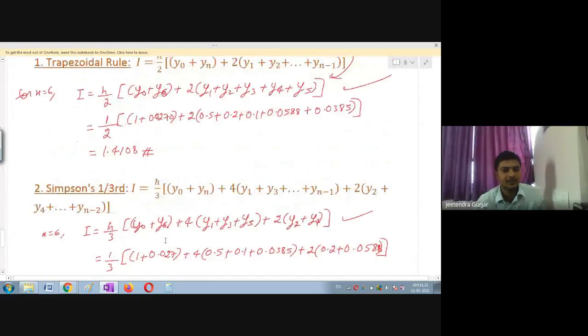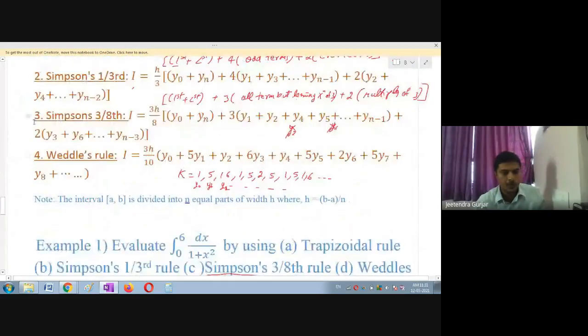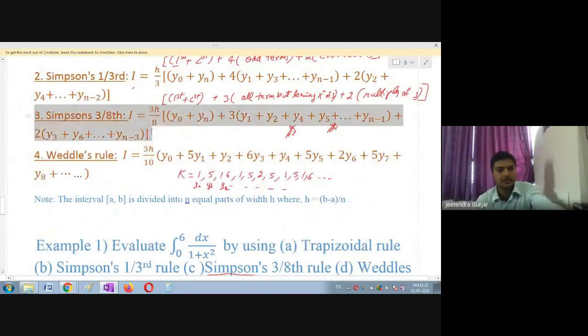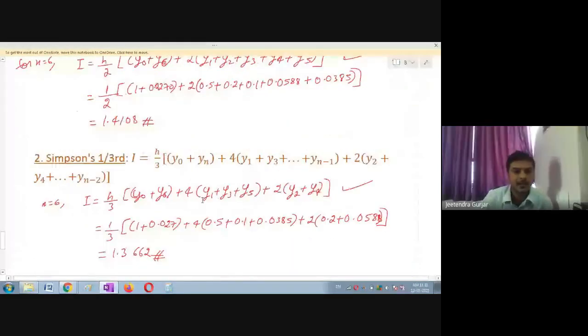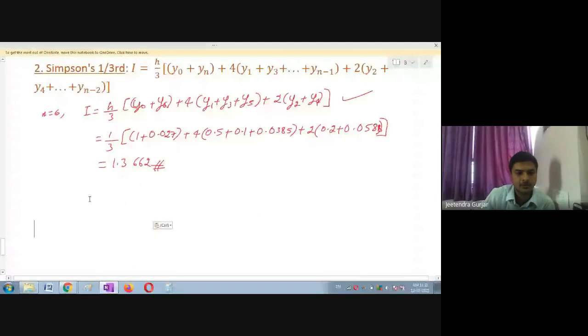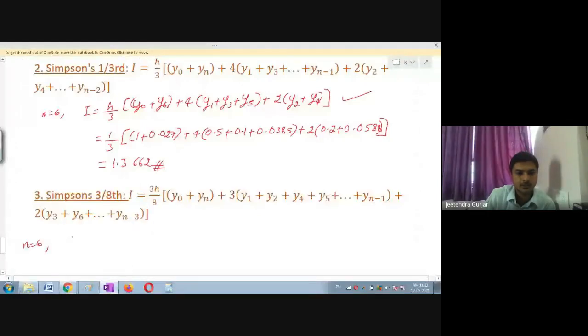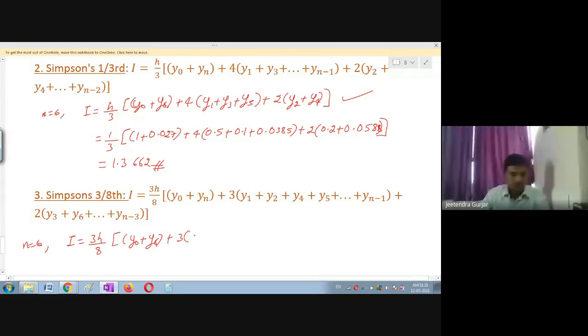Now I will go to Simpson's 3/8 rule. I rewrite the formula for n is equal to 6 first. So I is equal to 3h upon 8, right? Therefore, this is known as the 3/8 rule also. I will write y0 plus y6 plus 3 times the values without multiples of 3.